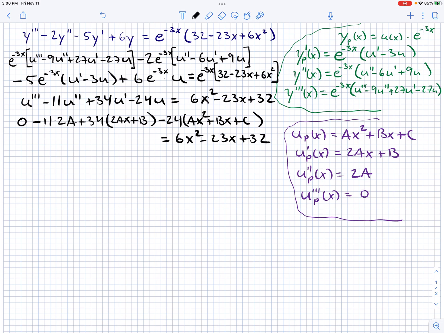we get negative 22a plus 68ax plus 34b minus 24ax squared minus 24bx minus 24c. And again, that is all equal to 6x squared minus 23x plus 32.